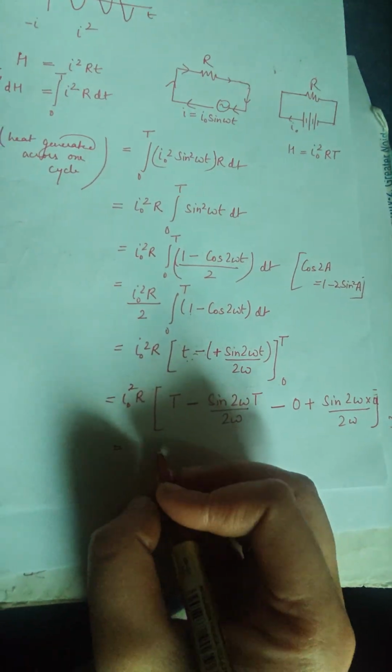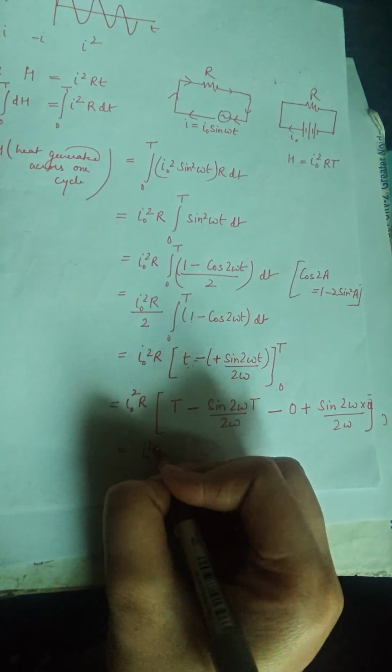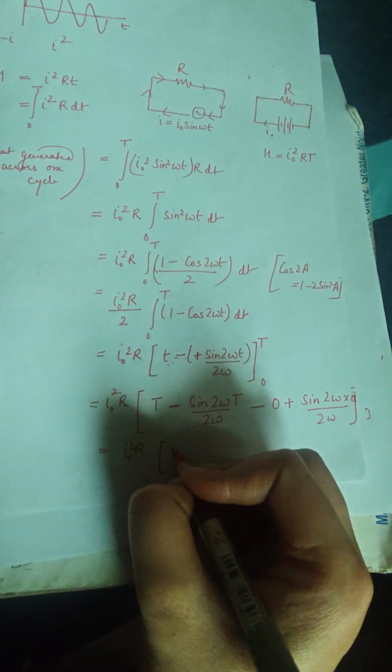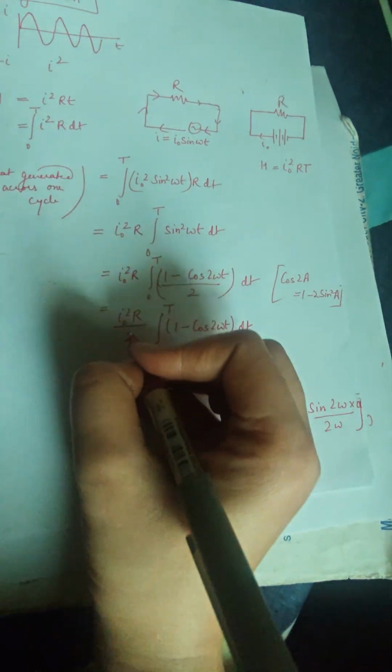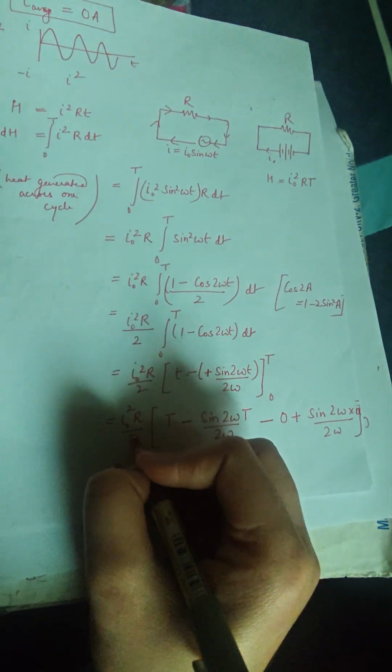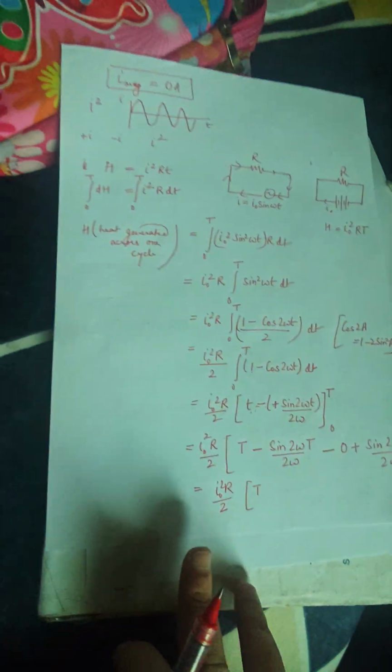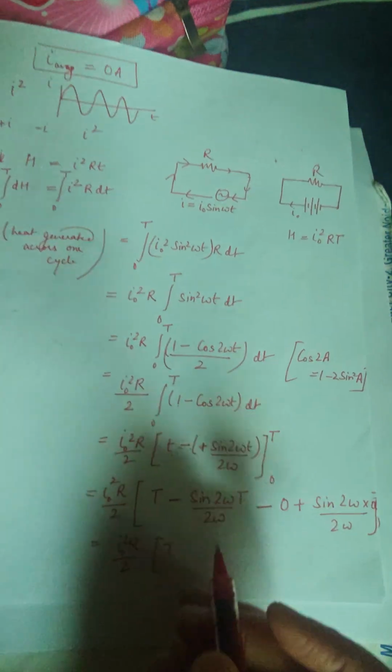Let's solve them. It would be I naught square R, t is fine here, and I've just left this 2 here, it's important, this 2 is going to bring the change, you will see.